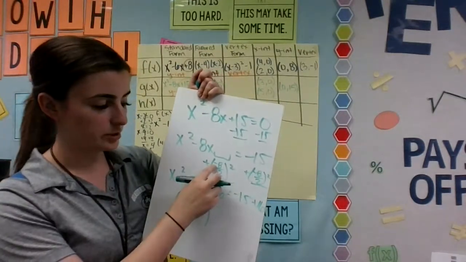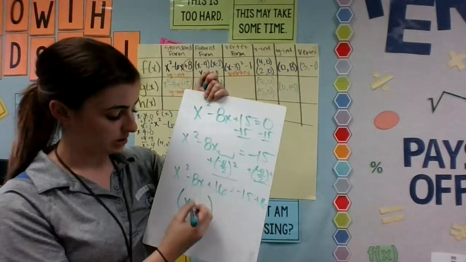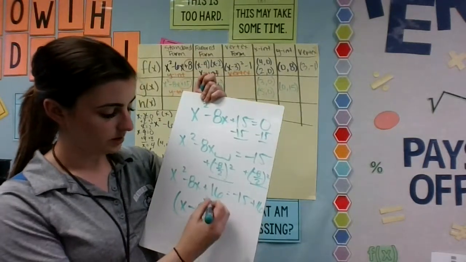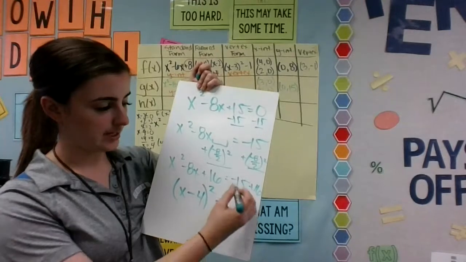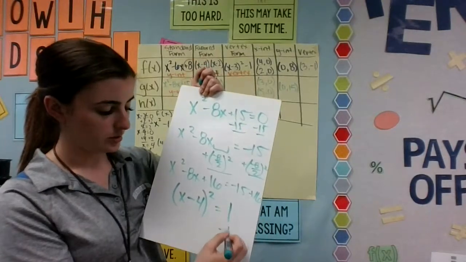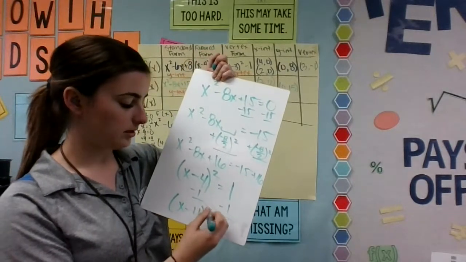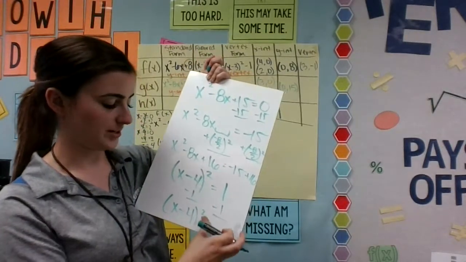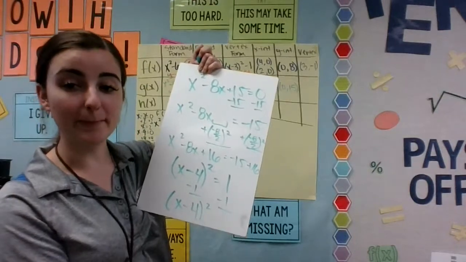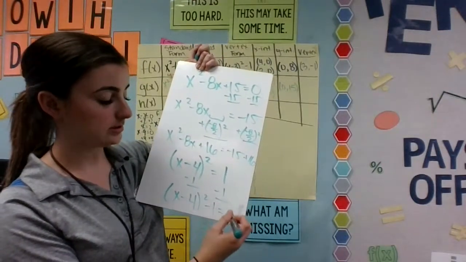In this case, b over 2 is negative 8 over 2, which is negative 4, squared, equals negative 15 plus 16, which is 1. You subtract the 1 from both sides, and you're going to get (x minus 4) squared minus 1 equals 0.